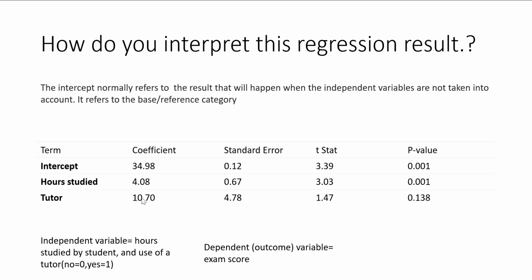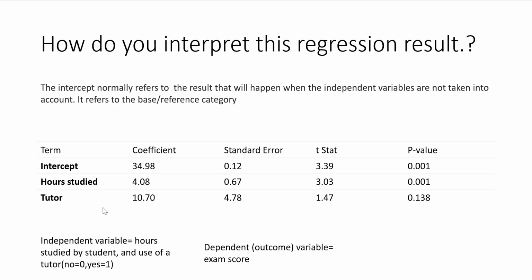While for students that use tutors, on the average they score higher compared to students that don't use tutors by 10.7 points.